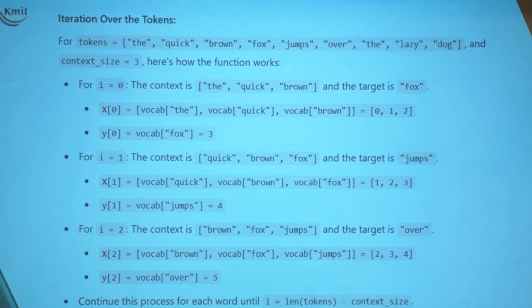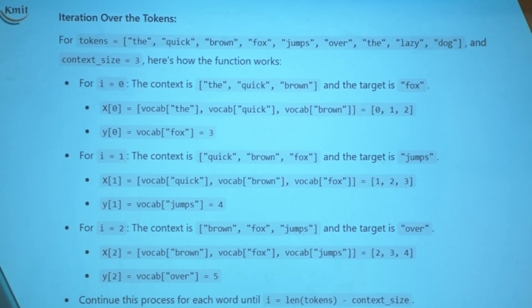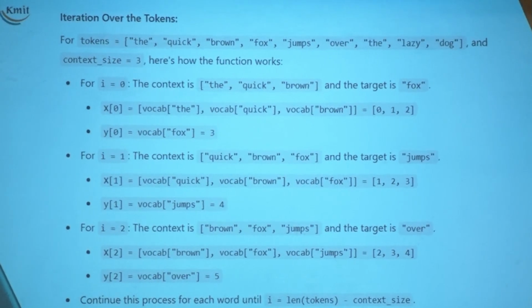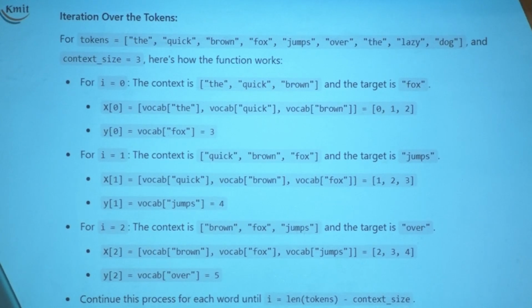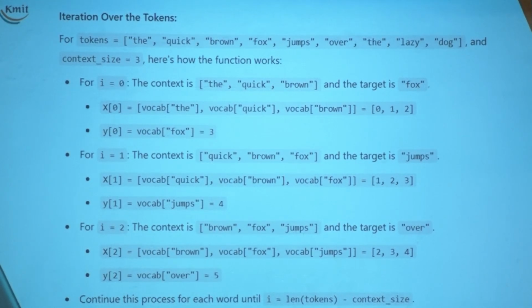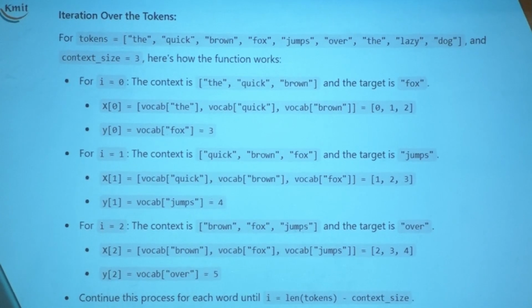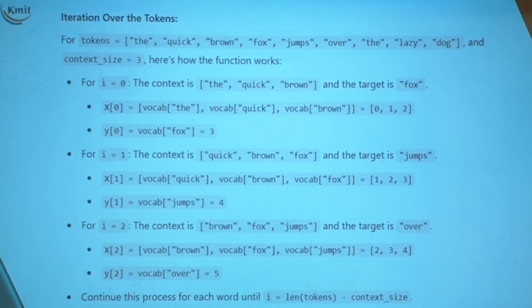So what would be your context? The quick brown, 3 words in your context. What would be your target? The 4th word. What is it? Fox. So X of 0 will be vocab of the, vocab of quick, vocab of brown.